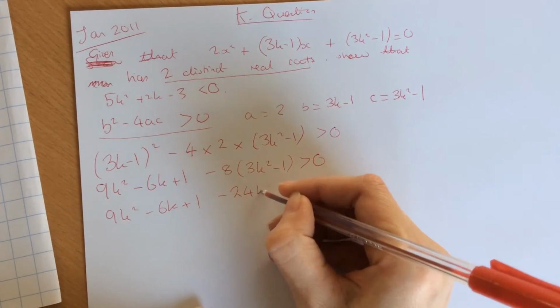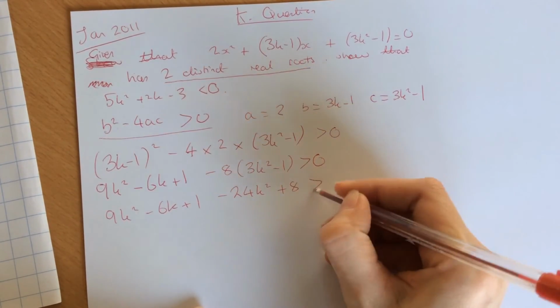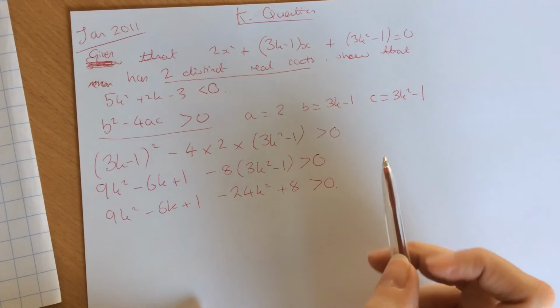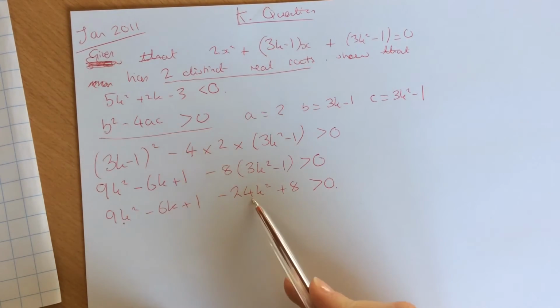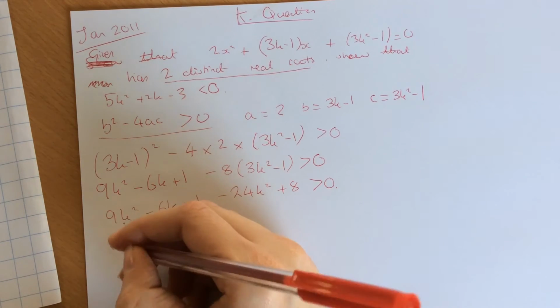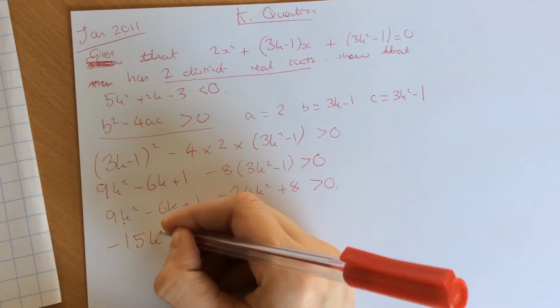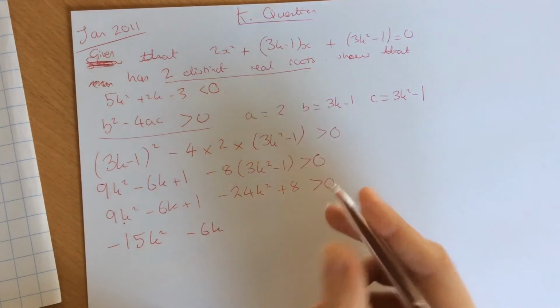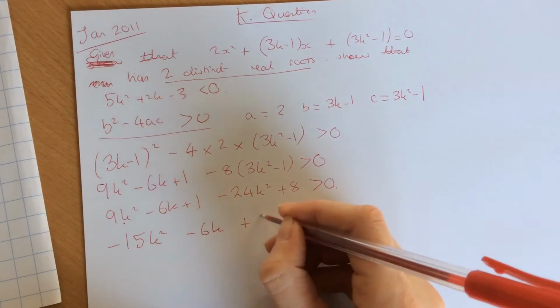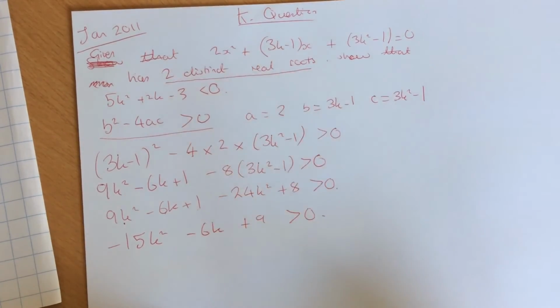Minus 24k squared plus 8 is greater than 0. Now we can collect our terms up. So we get 9k squared, take away 24k squared is minus 15k squared. Minus 6k is all we've got of them. And then 1 plus 8 is plus 9, and that's greater than 0.